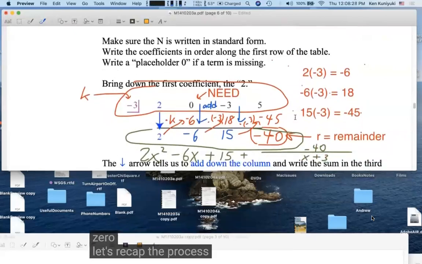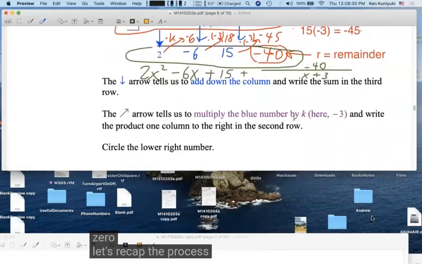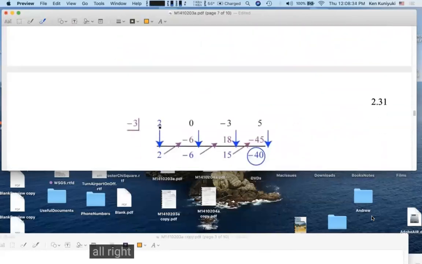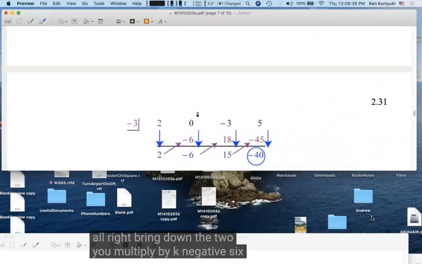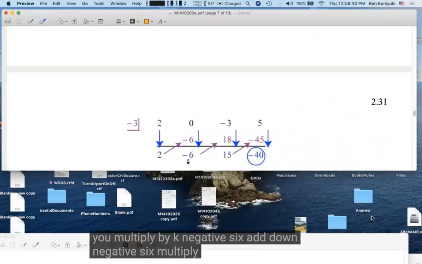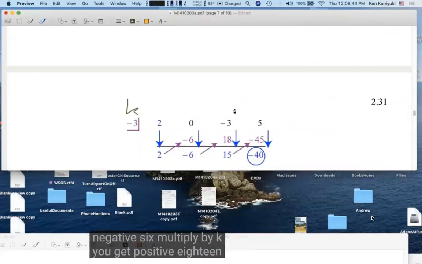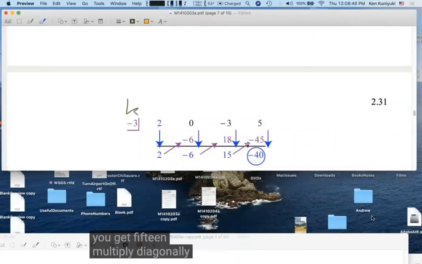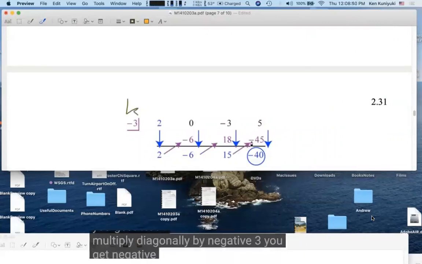Let's recap the process. All right. Bring down the 2. You multiply by k, negative 6, add down, negative 6. Multiply by k, you get positive 18. Add down, you get 15. Multiply diagonally by negative 3, you get negative 45.